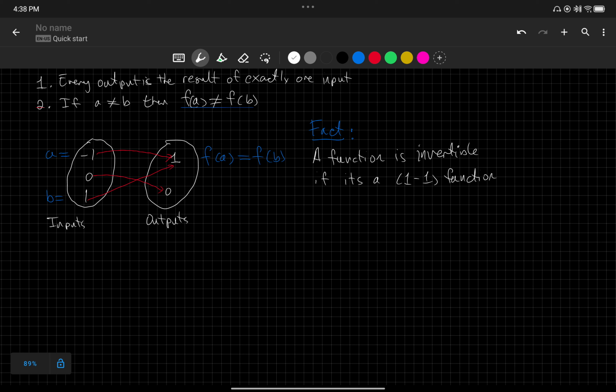Okay, so that's the condition. If it's 1-to-1, then it's going to have an inverse function. It's invertible. Okay, so that's the way we looked at it from the point of pre-calculus.